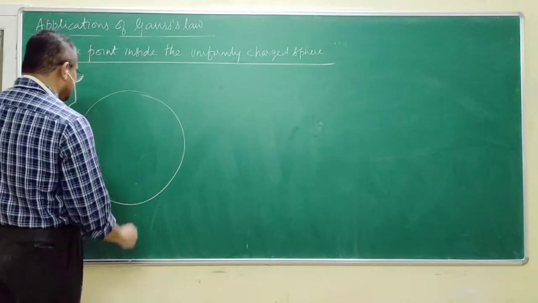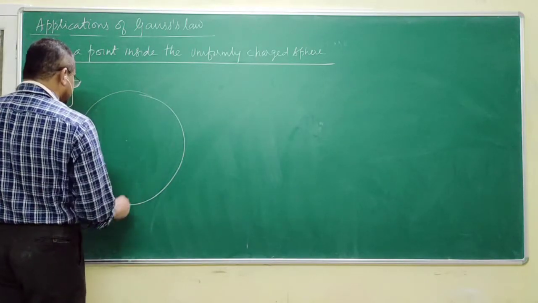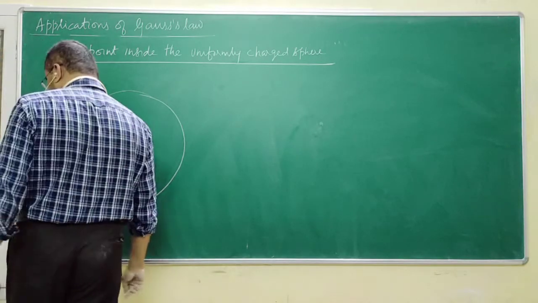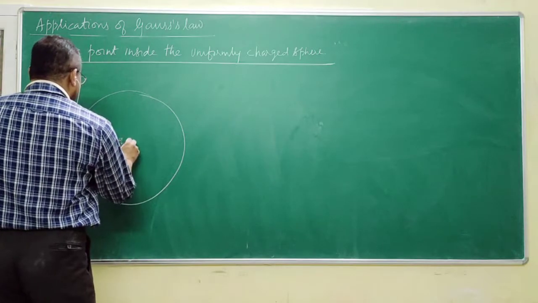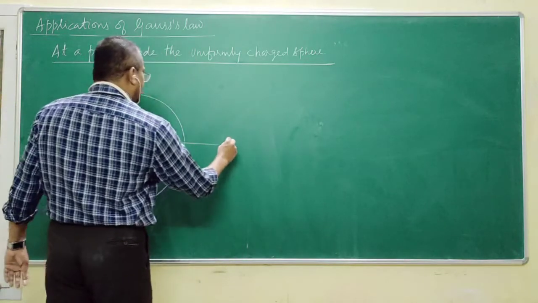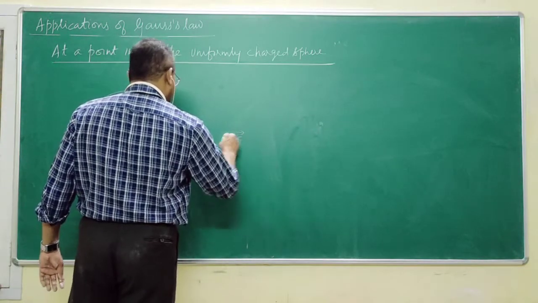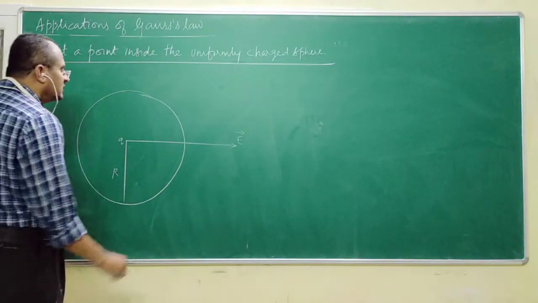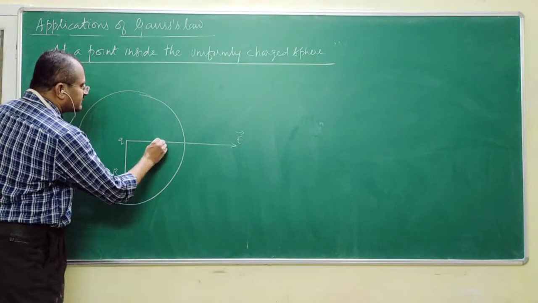Imagine this is the sphere whose radius is R. Okay? Charge Q is there. Electric field is pointing upwards like this. Now, you are placing a point P somewhere here.